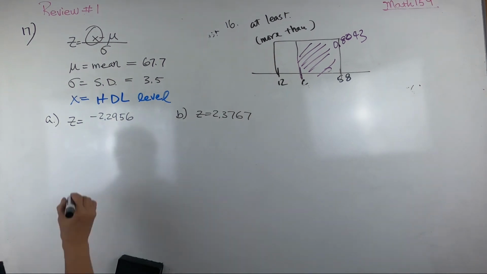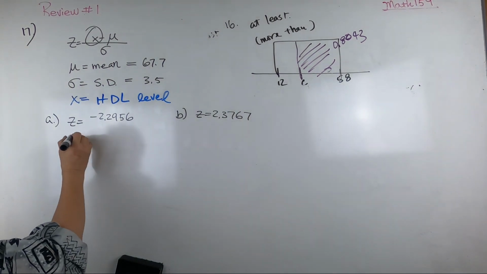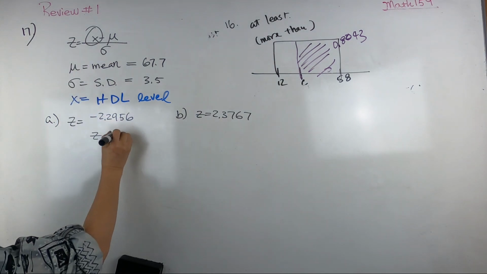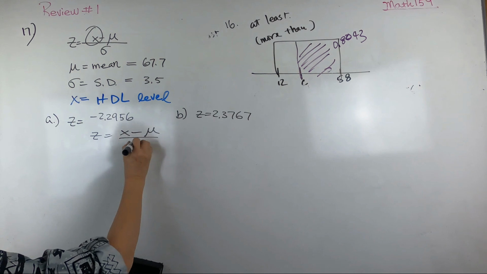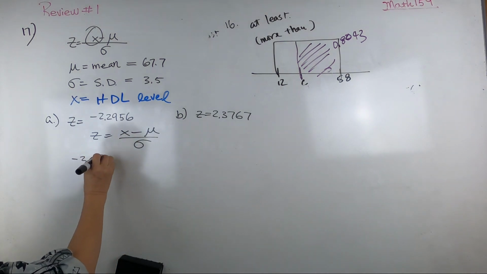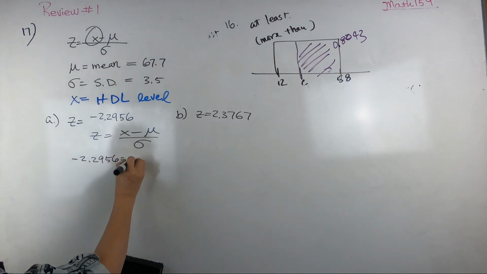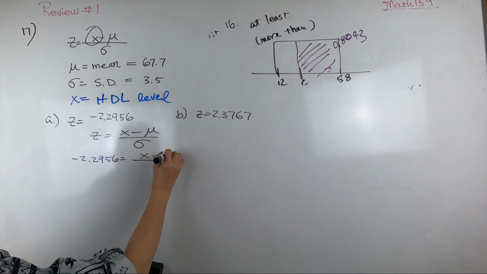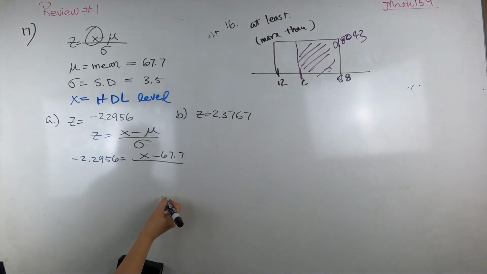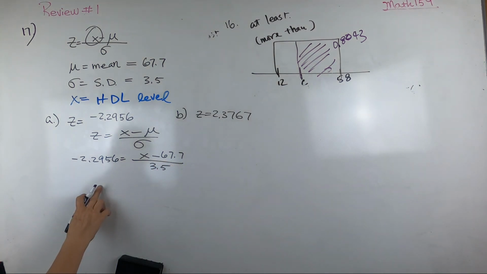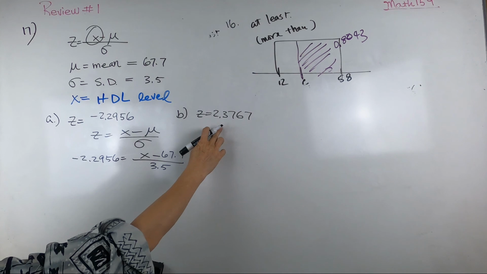right? So Z, first one is this. So Z equals what? X minus mu over sigma. So you just plug in. Z is negative 0.2956. We want to find the X. Don't know. Mu is 67.7 over 3.5 for the first one. Then second one would be what?